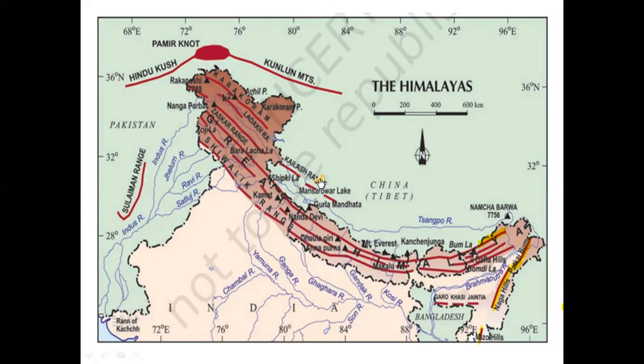Here this I wanted to show you. See how these mountains have bent sharply from the eastern part towards the south of our country. And it is covering the entire eastern boundary.